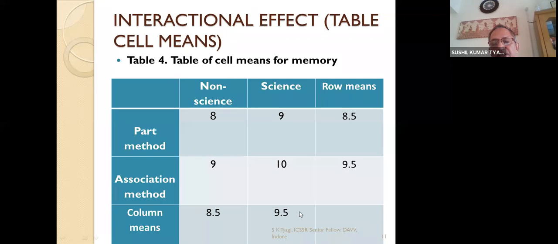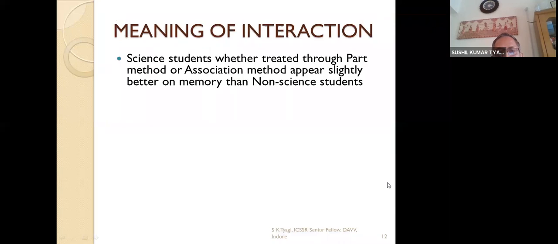Right, now what do we see from this? Let us see what it means. This means that science students, whether treated through part method or association method, appear slightly better on memory than non-science students.